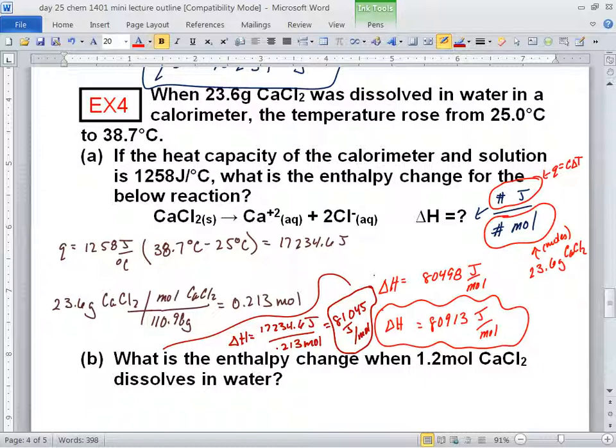If you carry a lot of digits in your molar mass and everything. So that's something to be careful of, I guess, to get the answers in the back of the book. Just carry a lot of digits, and then your answers will match the back of the book better. Like, look at my molar mass. I carried 110.98. And my moles, I carried to 3 digits.